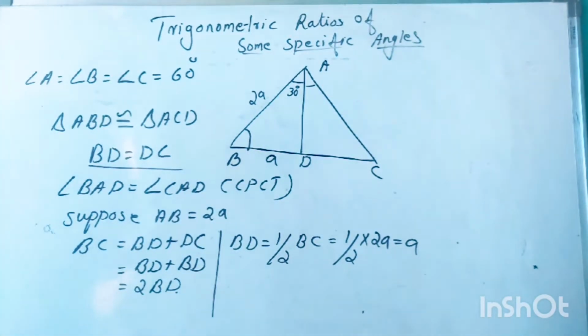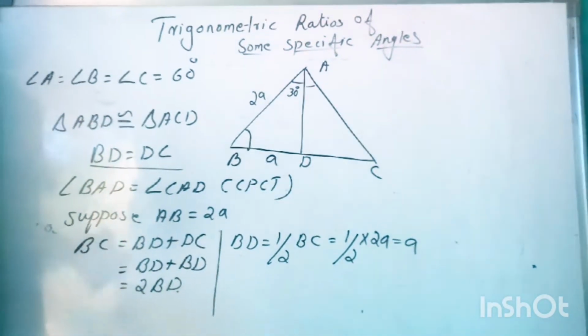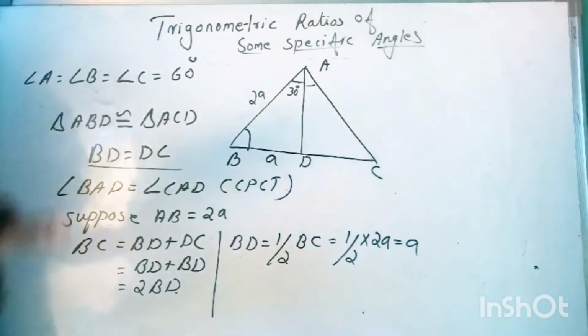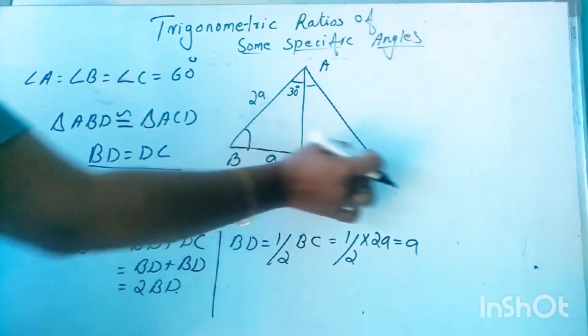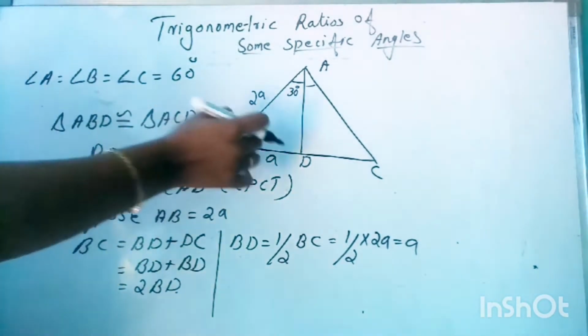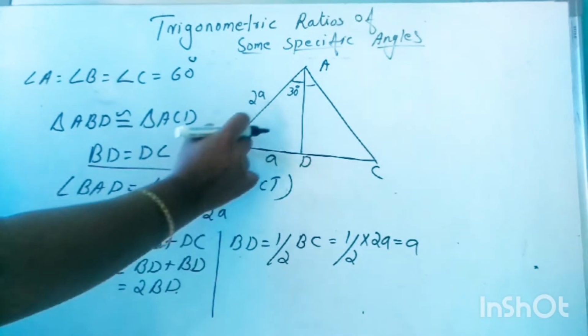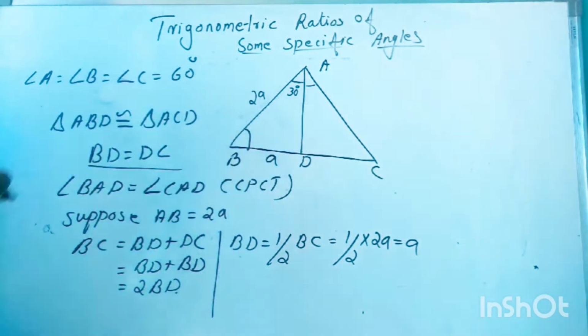Okay. So just listen. We are going to discuss the trigonometric ratios of angle 30 degrees and 60 degrees. For that we will consider one equilateral triangle ABC, and we know that in an equilateral triangle all the angles are equal to 60 degrees. Now just draw AD perpendicular to BC. Now we will consider the first half triangle, that is ABD, and the second half triangle, that is ACD.